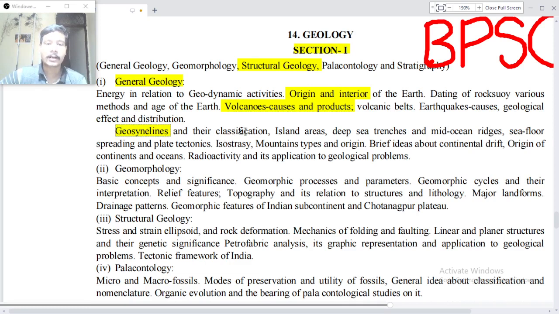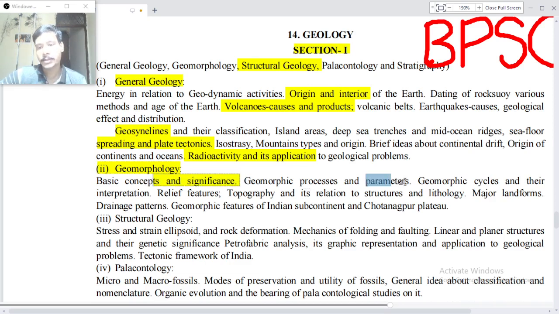Geosynclines and their classification, island arcs, deep trenches and mid-ocean rifts, sea floor spreading and plate tectonics, isostasy, mountain types and origin, brief ideas about continental drift, origin of the continents and oceans, radioactivity and its application to geological problems.